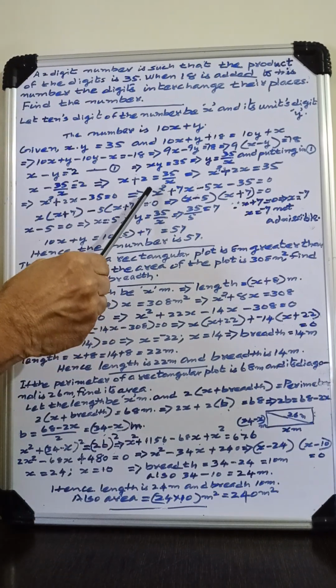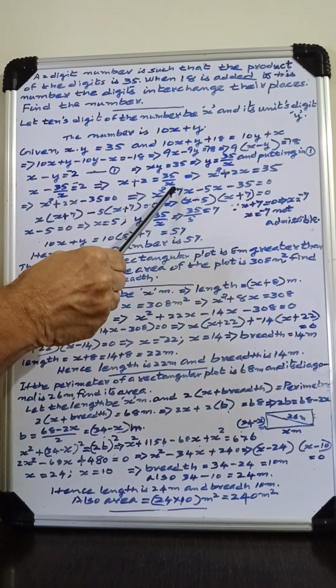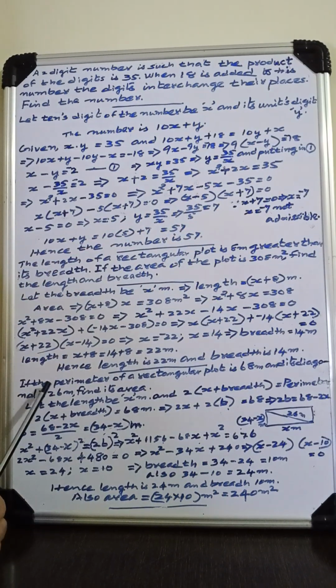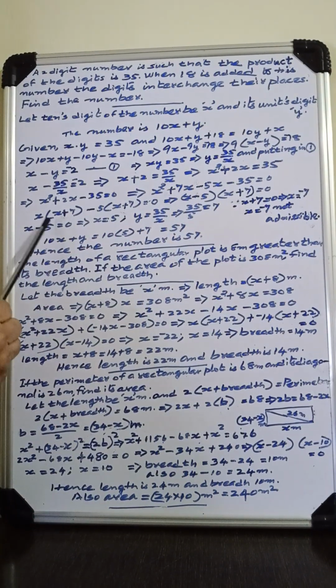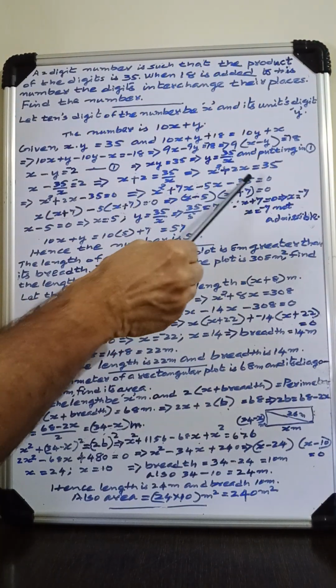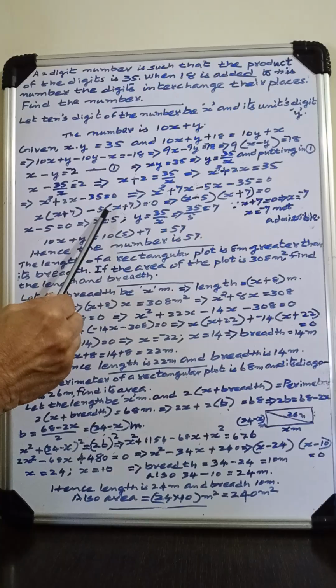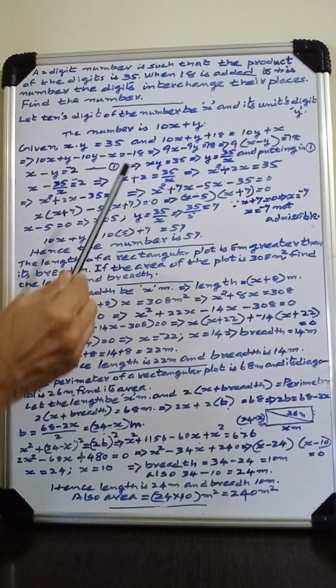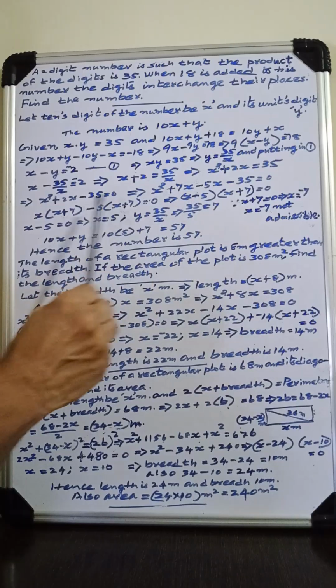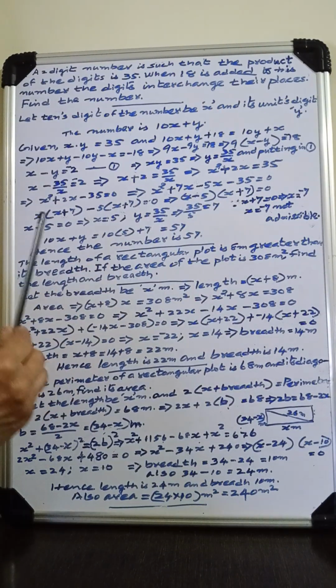Therefore, splitting the middle term, x squared plus 7x minus 5x minus 35 equals 0. That is x into x plus 7, minus 5 taken from these two terms, minus 5 into x plus 7 equals 0. That is x minus 5 into x plus 7 equals 0.